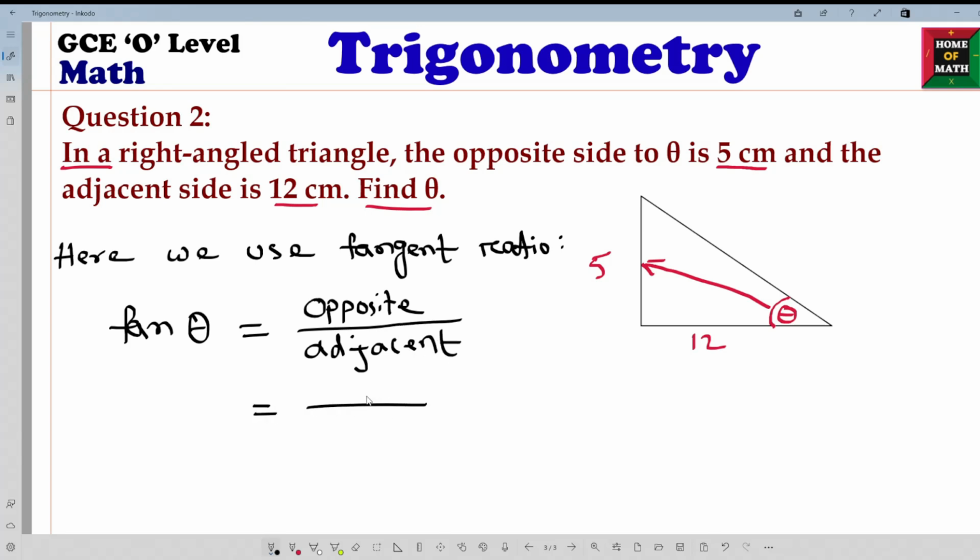So here it is 5 divide 12, and this is tan theta.